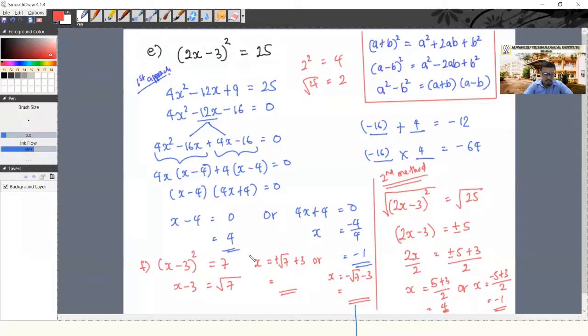If it is plus the square root of 7, the answer should be 5.64. And the other one, the answer should be minus 5.64.